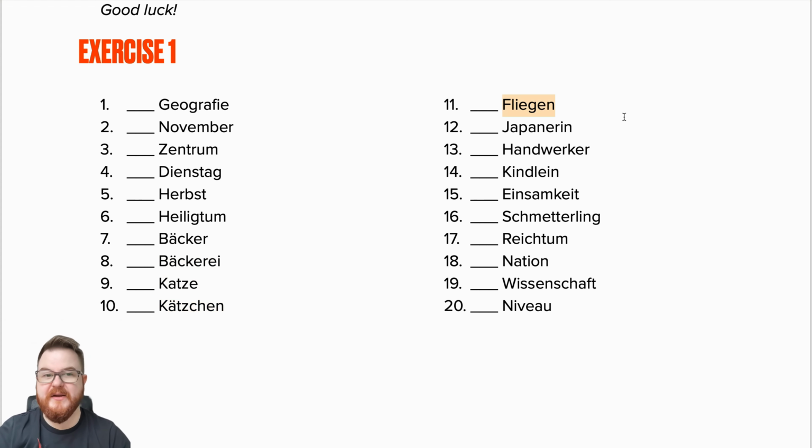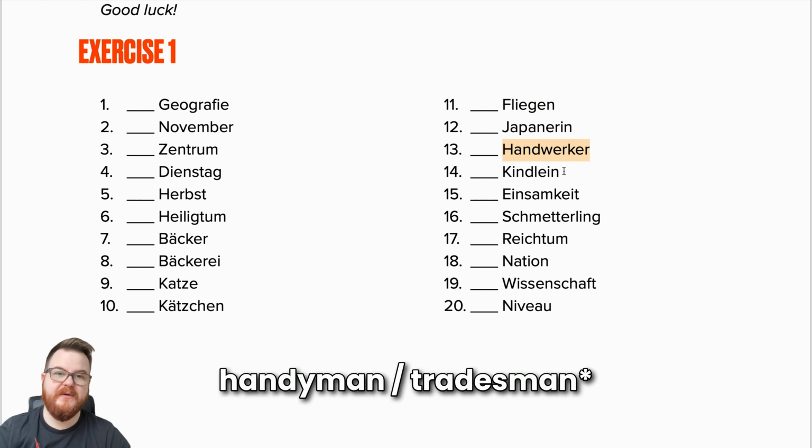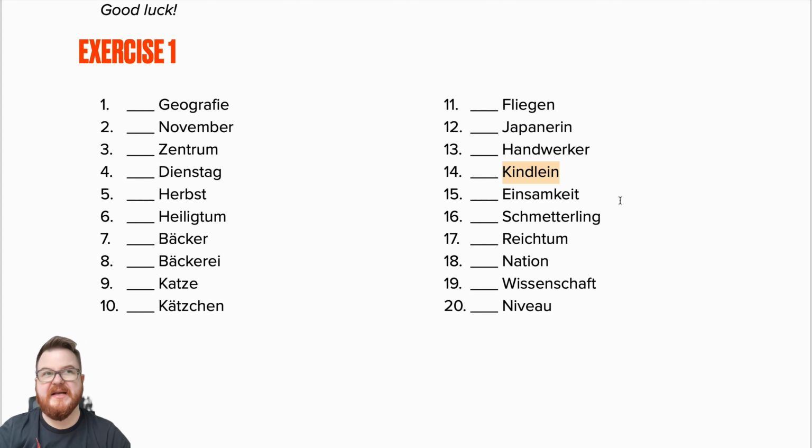Fliegen is flying. Japanerin is a Japanese woman. Handwerker is a carpenter. Kindlein is a little child. Einsamkeit is loneliness. Schmetterling is butterfly. Reichtum is riches. Nation is nation. Wissenschaft is science. Niveau is level.